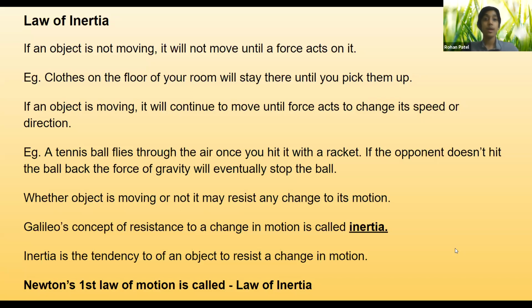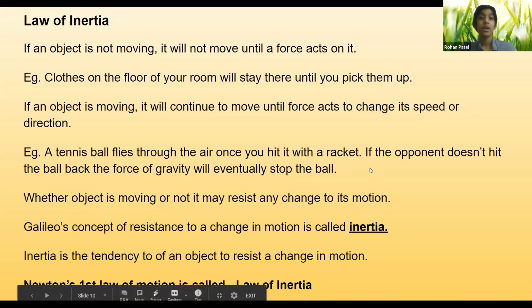For example, a big brick wall will definitely have a higher inertia than something like a balloon, because it can resist a lot of changes in motion. For example, wind does not affect the wall at all, whereas a balloon can easily be moved by wind.